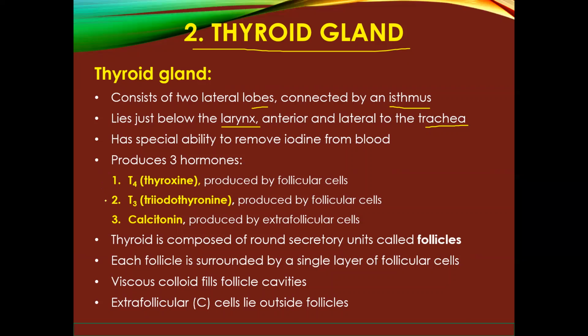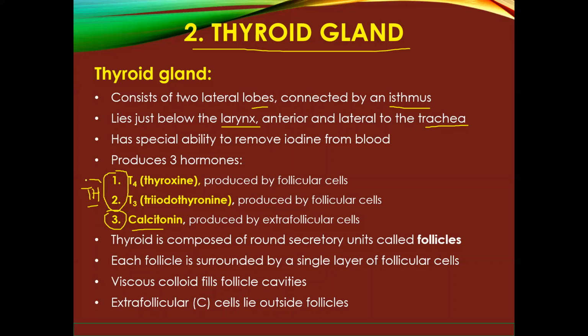It produces 3 hormones: T4 and T3, and then calcitonin. Just for information, T4 and T3 are mostly known as thyroid hormone, TH. So if we consider T4 and T3 as one hormone, then the thyroid gland actually produces only 2 hormones, thyroid hormone and calcitonin.